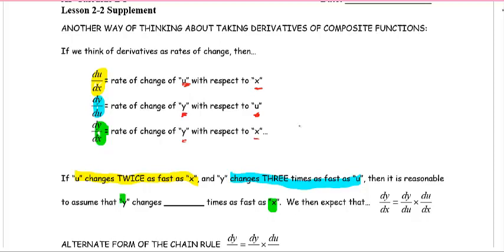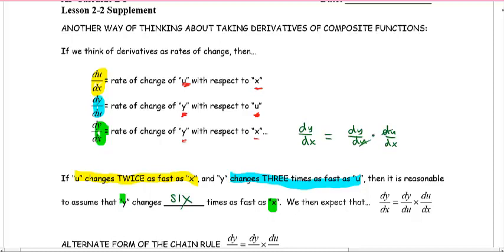Think about what I'm asking you here. dy dx, that's equal to what? dy du, maybe multiplied by du dx. Think about that. Yeah, because the du cancels and it becomes just dy dx. So you're just going to multiply 2 times 3. You got it, 6 times.